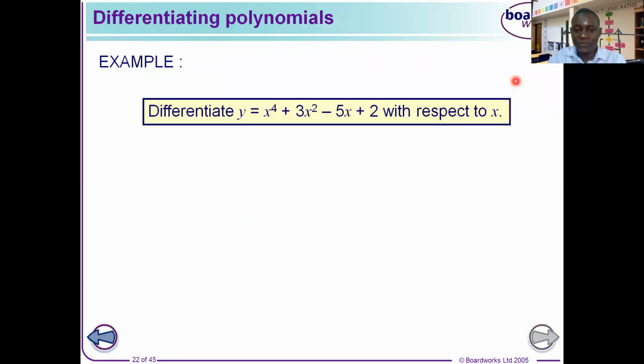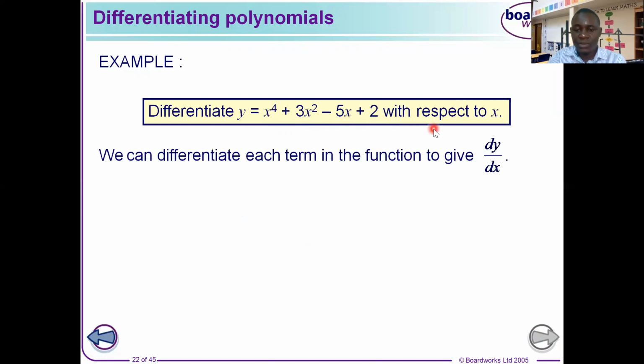Another example says differentiate y equals x raised to power 4 plus 3x squared minus 5x plus 2 with respect to x. All right, so we already said that you differentiate each of the parts of that particular function. So we have 4x raised to power 3. Differentiate the other parts, we have 6x raised to power 1.